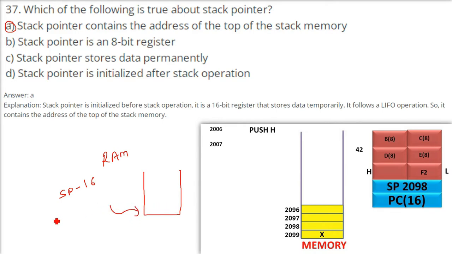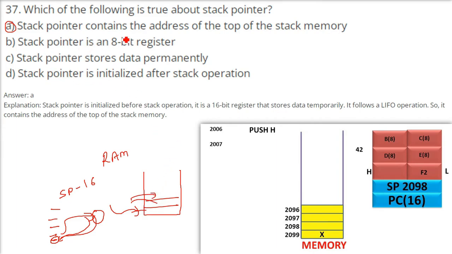For example, if you are running a certain program and there is a subroutine, when you go to the subroutine, the next instruction address has to be placed somewhere so that you can recall it when you come back to the main program. That is only possible with stack-like operation.